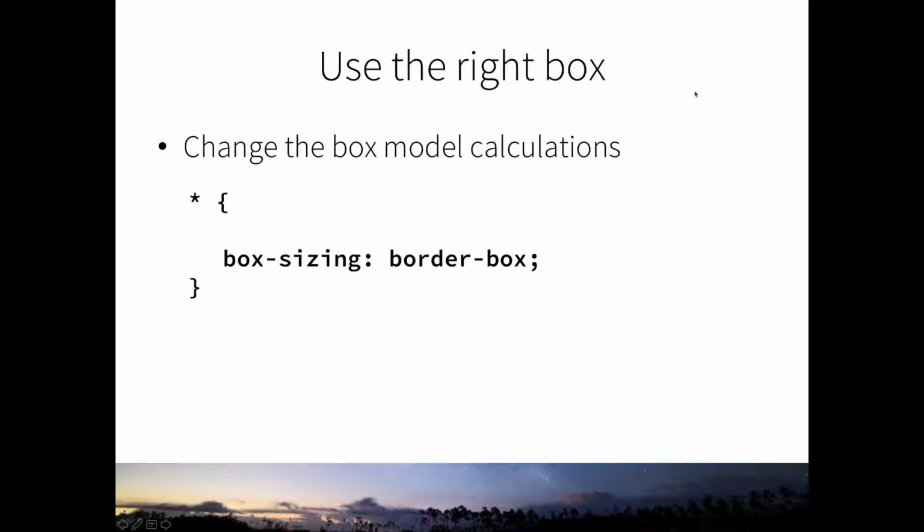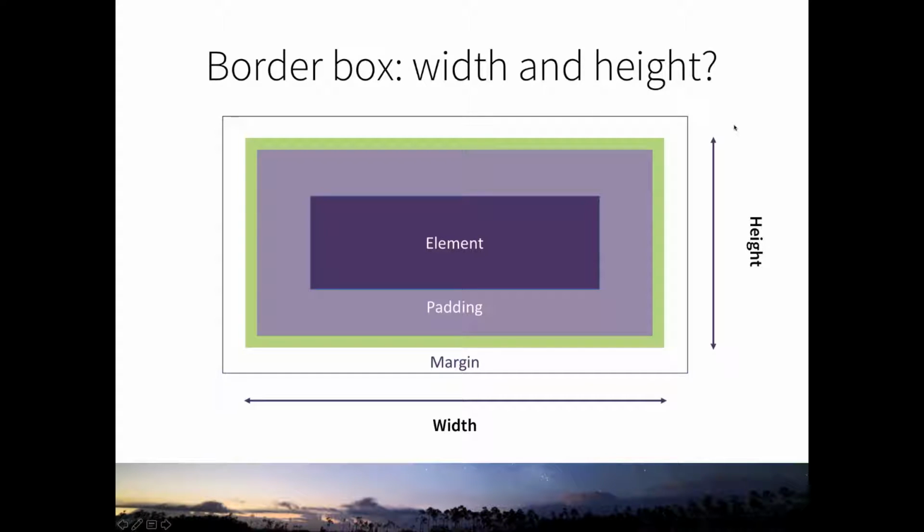You can make it more convenient by adding some CSS. Again, I use the universal selector to apply this to everything in my HTML. There is a CSS property called box-sizing, and when you set that to border-box, you actually get this situation. Now you can think of this as a physical box.